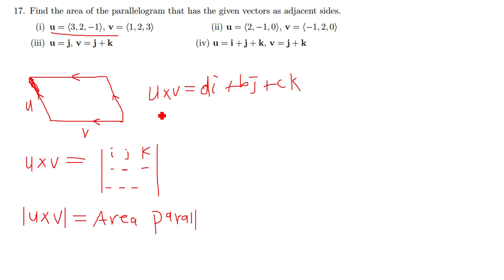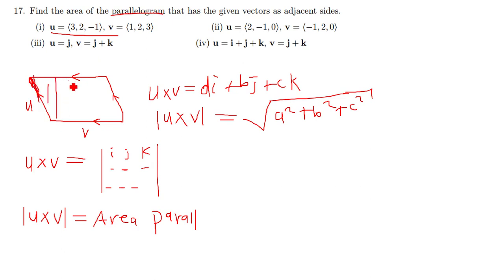Then you have to find the magnitude of u cross v. We all know how to find the magnitude: the square root of a squared plus b squared plus c squared. When you find the magnitude of that, that is the area of the parallelogram.